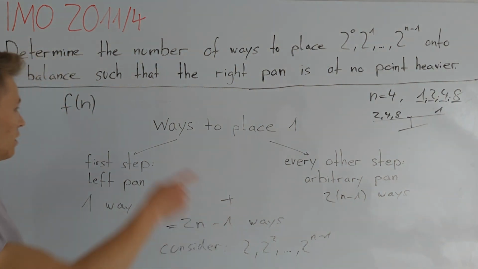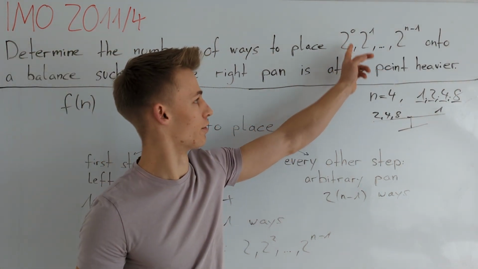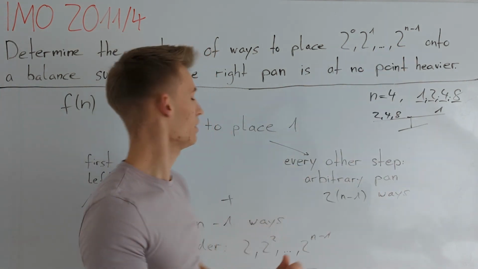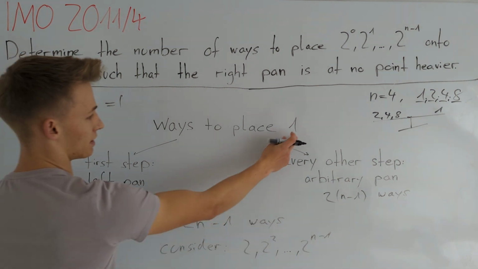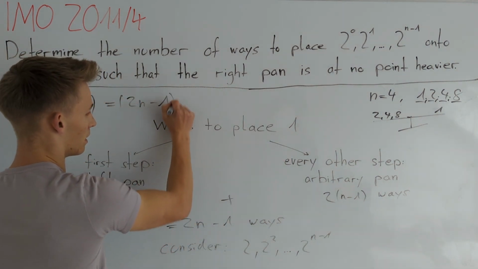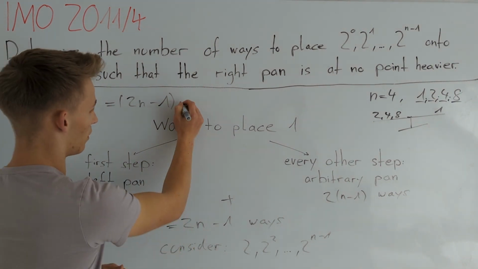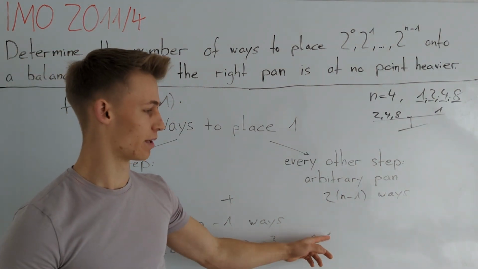Thus, if f of n is the number of ways to place the weights 2 to the power of 0 up to 2 to the power of n minus 1, we get that this is equal to the number of ways to place the weight 1, which is 2n minus 1, times the number of ways to place the weights 2 up to 2 to the power of n minus 1.